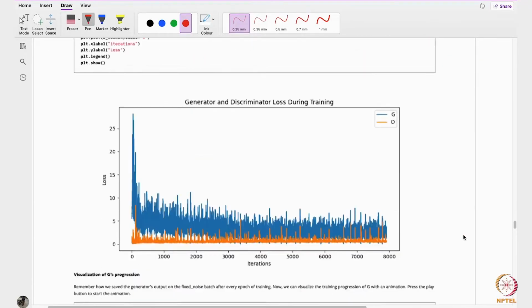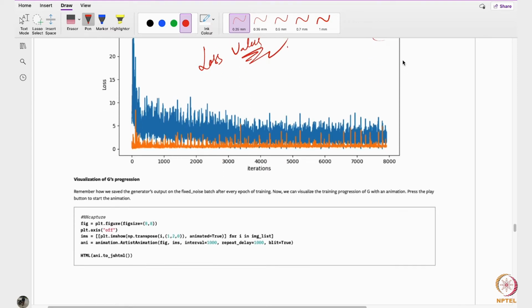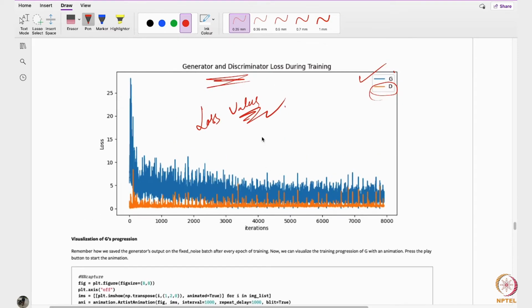Now coming back to the results. Here you can see the loss values. Discriminator loss and generator loss, both are computed here. This color indicates the discriminator and blue color indicates the generator loss. End of the day, both the losses should decrease.